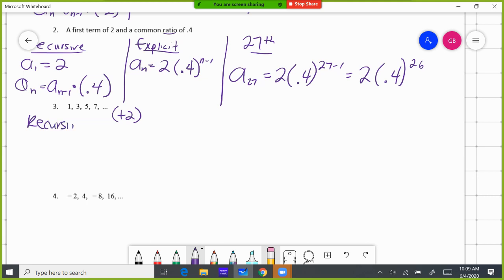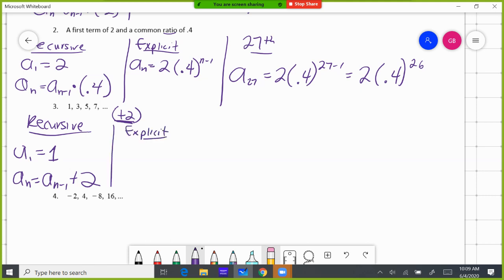Okay, so for the recursive, the first term is 1. And to find the next term, you use the previous term and you add the common difference, 2. For the explicit, it's the first term, 1, plus n minus 1 times the common difference, which is 2.